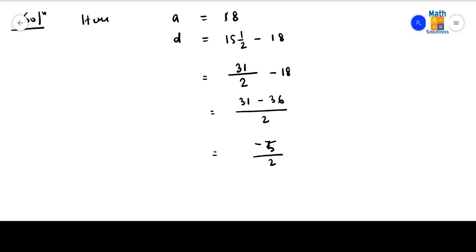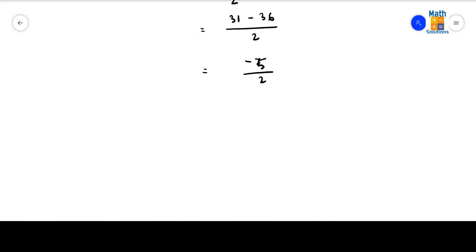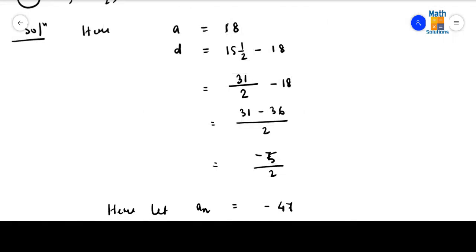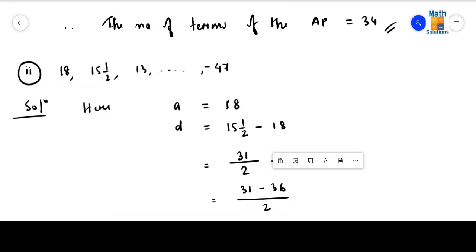So after this, coming to the next step, here the nth term an, let an be equal to, I have to consider here minus 47. I mean the last term of this series, I am assuming as an, as minus 47.